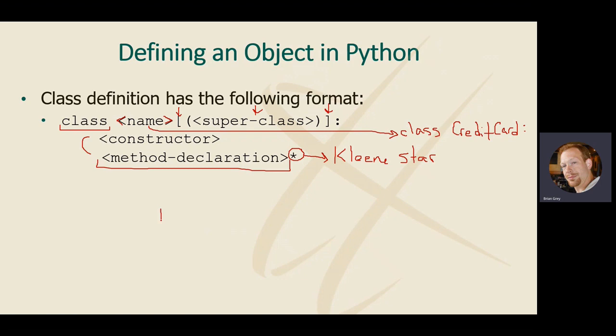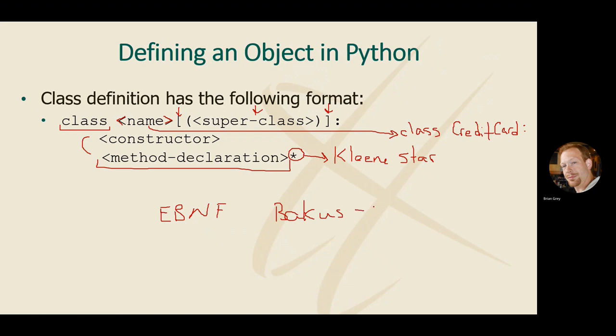In case you're interested, this is called EBNF or extended Backus-Naur form. I think it's spelled this way. It's odd spelling. Okay, Backus-Naur.